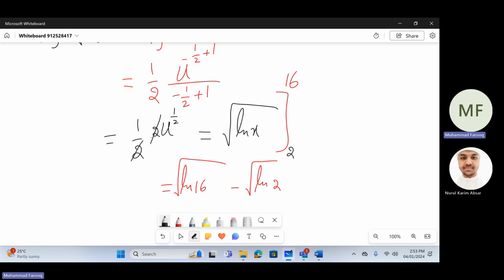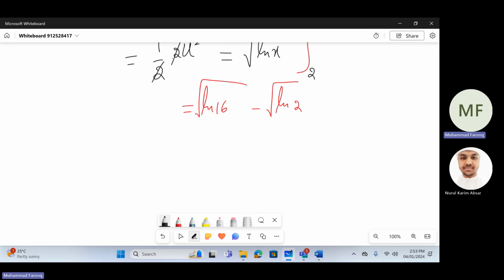We can simplify more. Look at it: 16, I will write as 2 power 4. Yes or no? Minus ln 2 in the square root. 16 I can write as 2 power 4, and the 2 is the argument. The argument has power 4, so by the property, you write the 4 in front.